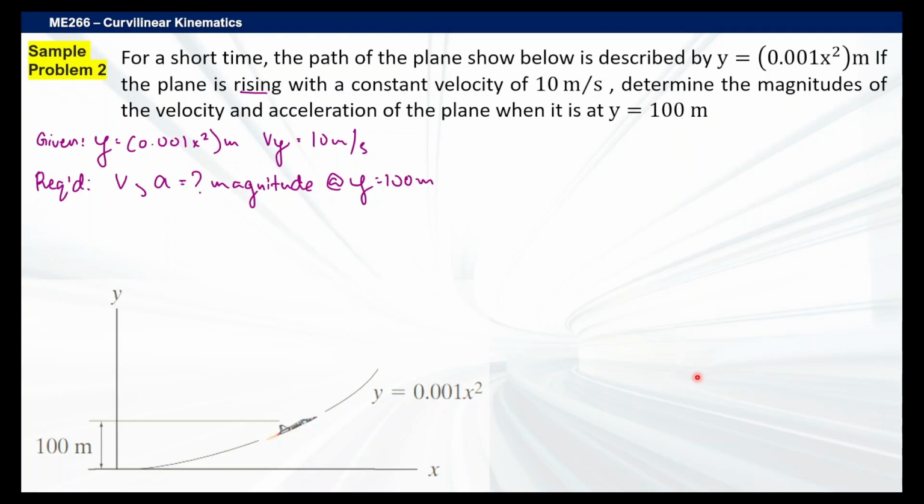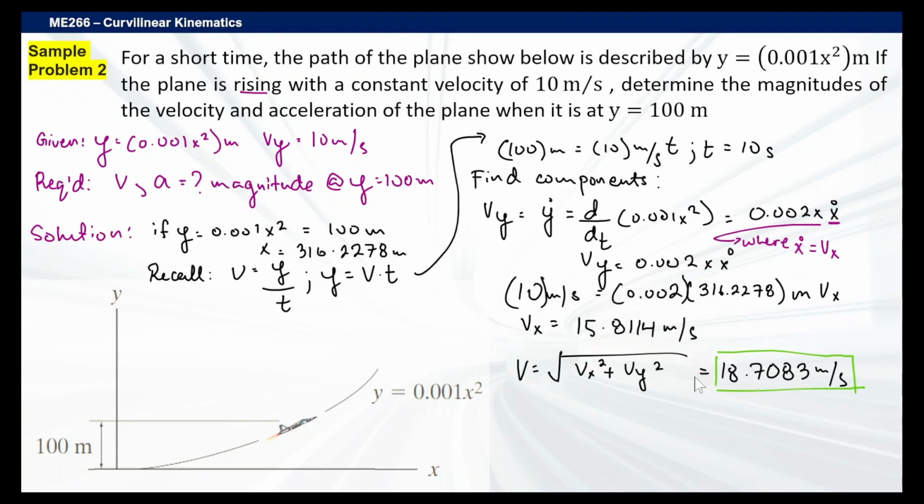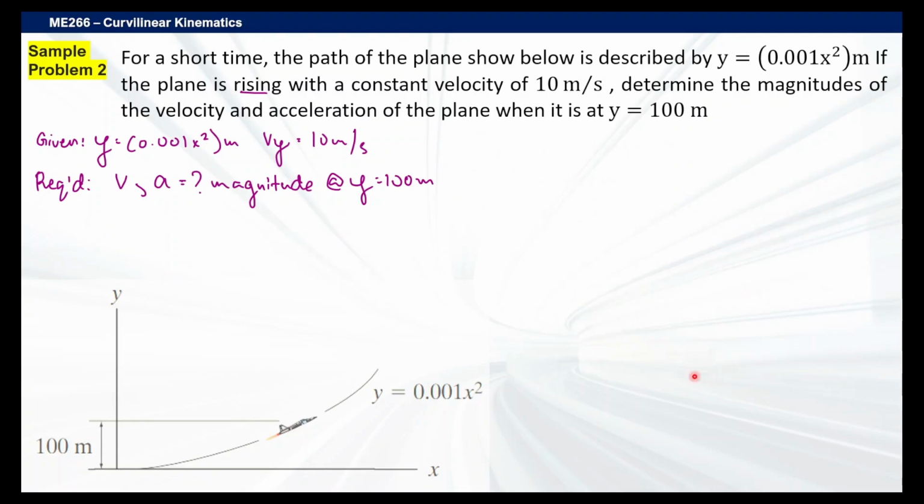Next up naman is yung acceleration. So that's yung velocity. For acceleration, it's kind of the same thing rin naman. Remember, ax and ay are the first derivative of respective velocity nila. So in this case, we have Vy here. We already found that out earlier, simply titignan natin yung back equation natin dito.